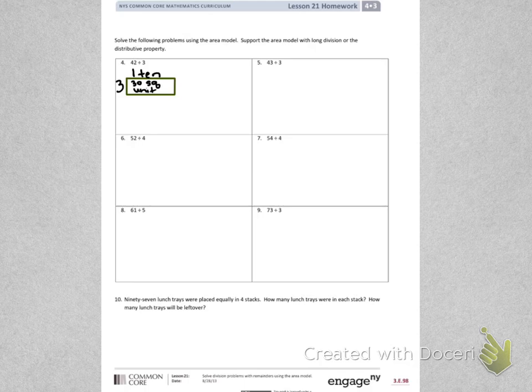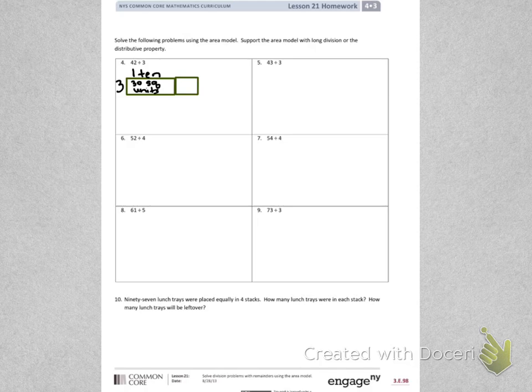If we use 2 tens, we'd end up with 60 square units, and that's more than 40. So now we have 1 ten left over, which is 10 ones, and we had the 2 ones, so that makes 12 ones. So how many 3s do we need to make 12 ones? We need 4 ones.